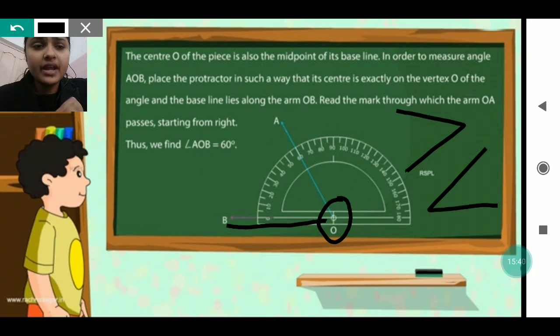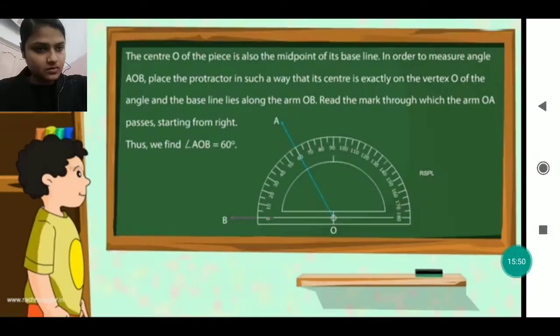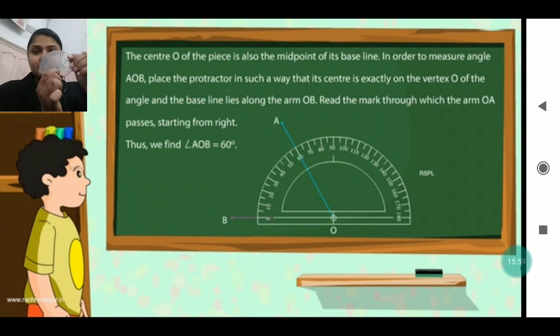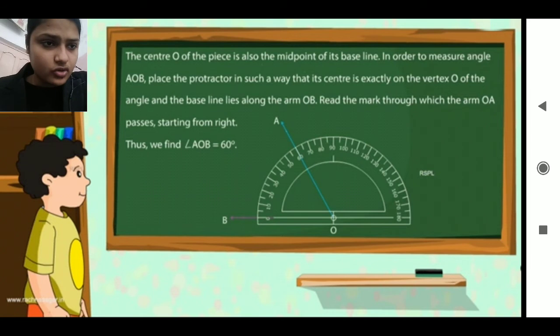How will we do the measurement? Suppose this is the protractor. If we have to measure anything, we will keep this center on the vertex, and then we can do the measurement. We can measure from this side also, like this angle which is drawn here.